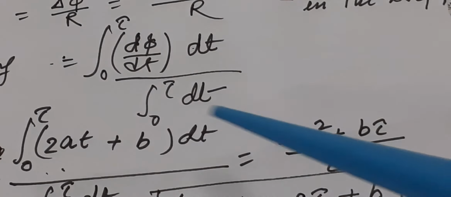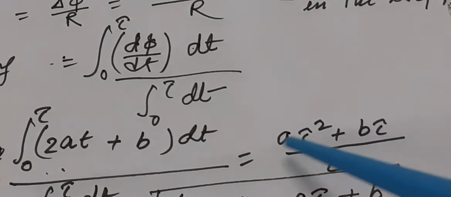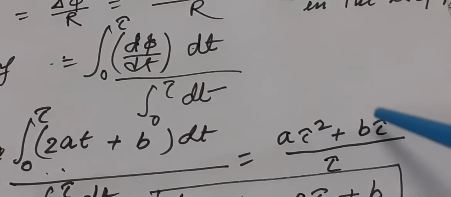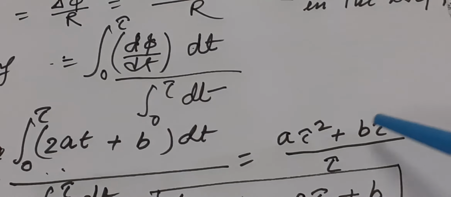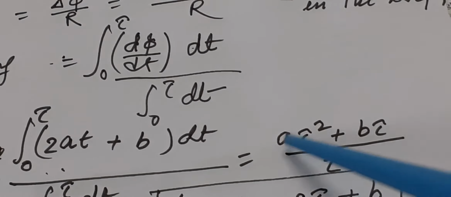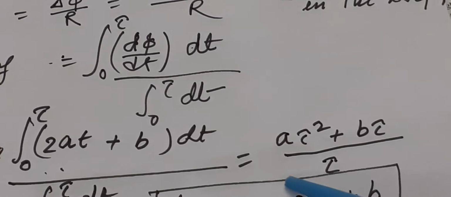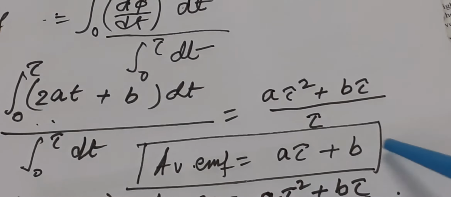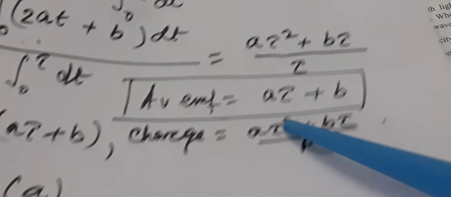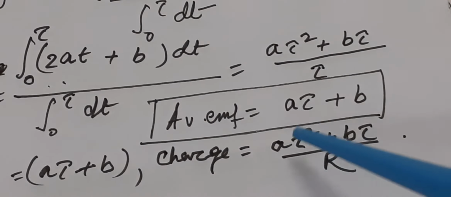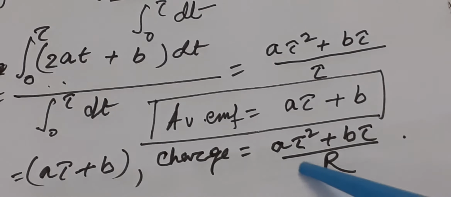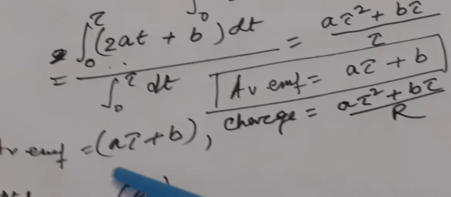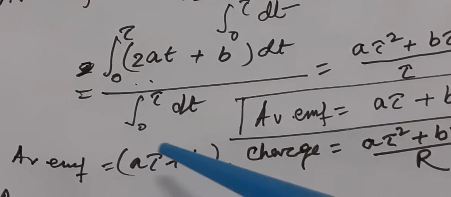After integration and substituting the tau limit, we will get a tau square plus b tau divided by tau in the denominator. Taking out tau common, we will get average EMF will be a tau plus b. So our answer will be, charge will be a tau square plus b tau by r, and for EMF, average EMF will be a tau plus b.